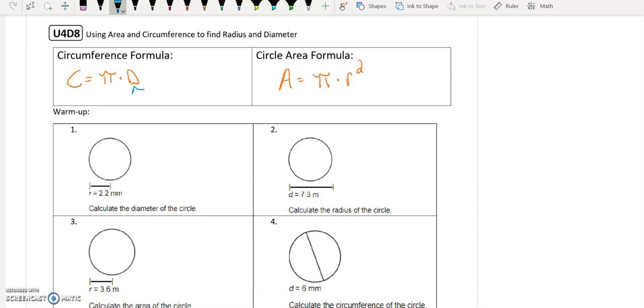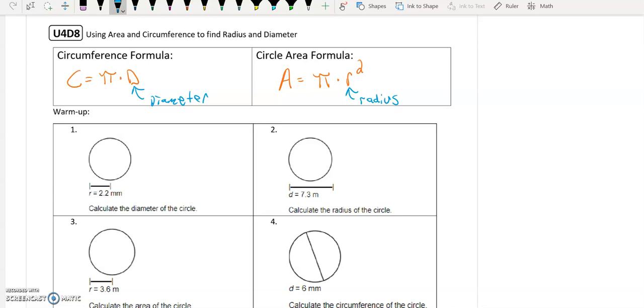Some other reminders: d stands for diameter, which is the distance from one side of the circle through the center all the way to the other side. Radius, on the other hand, is what the r stands for. That is the distance from the center of the circle to the outside. It doesn't go from side to side, it's just half of the circle.